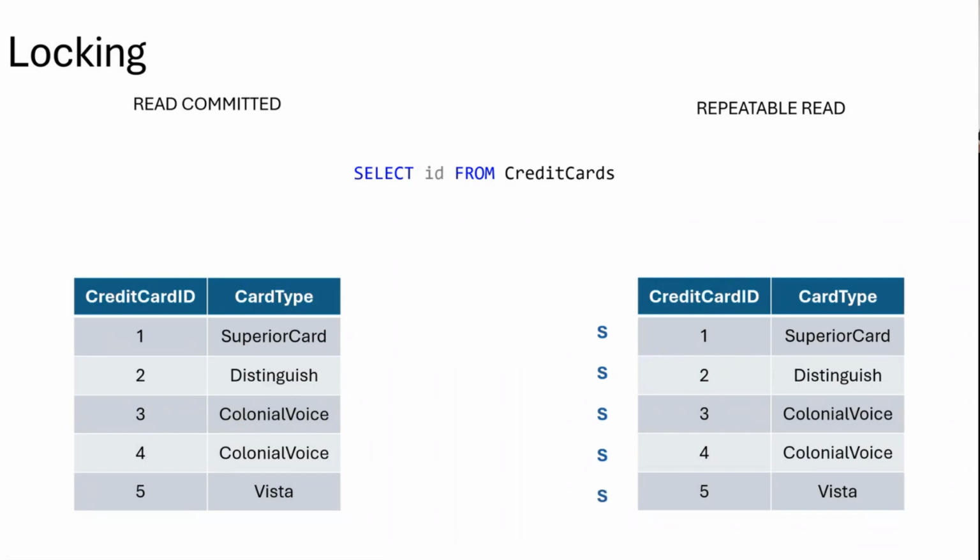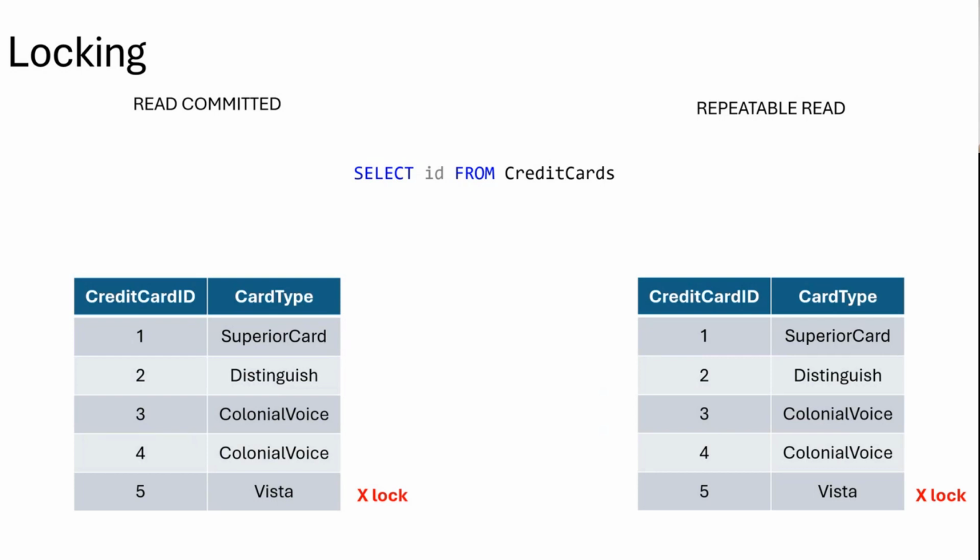Then when the transaction is committed or rolled back, these shared locks are removed. This way, SQL Server guarantees that while repeatable read is used, all the already read data are not going to change until the transaction is committed or rolled back.